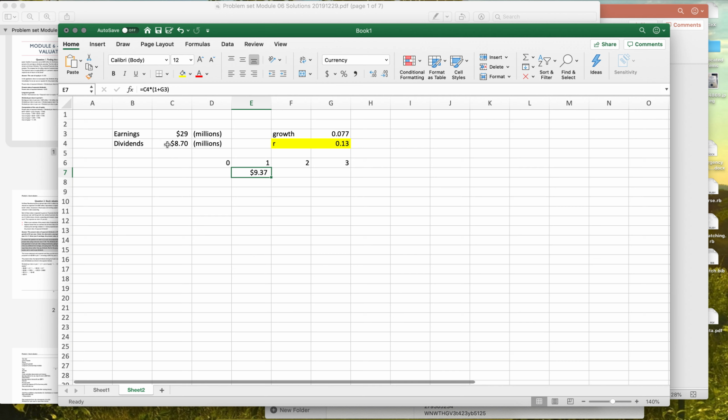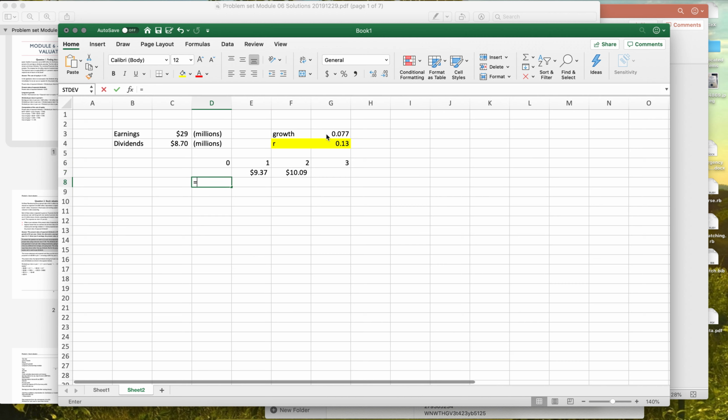So yesterday we paid 8.7 million in dividends, and we're now at time 0. Next year, we're going to pay out 9.37 in dividends, and that's going to grow at the growth rate. So this is a perpetuity. It would continue on like this forever.